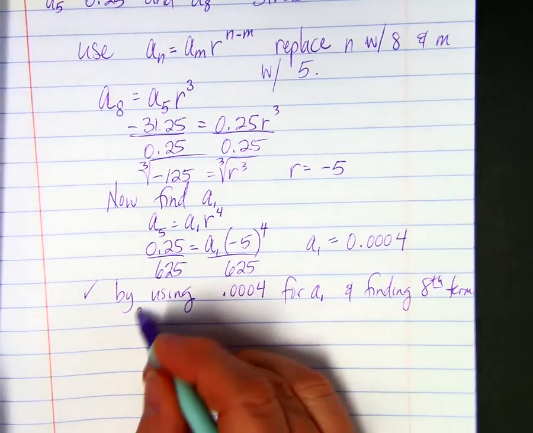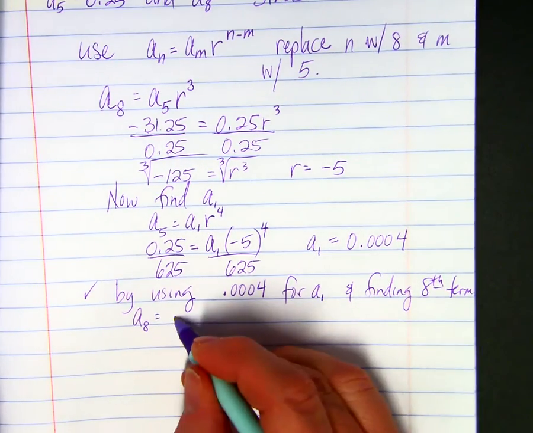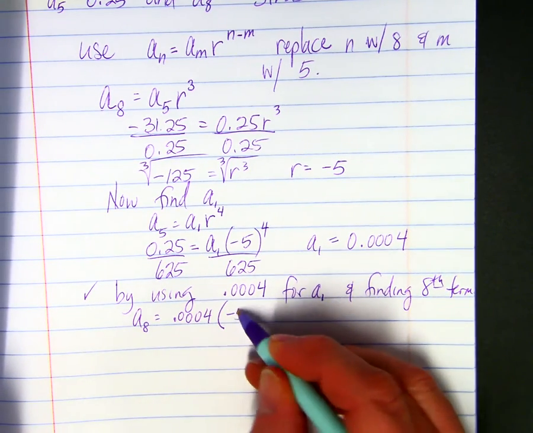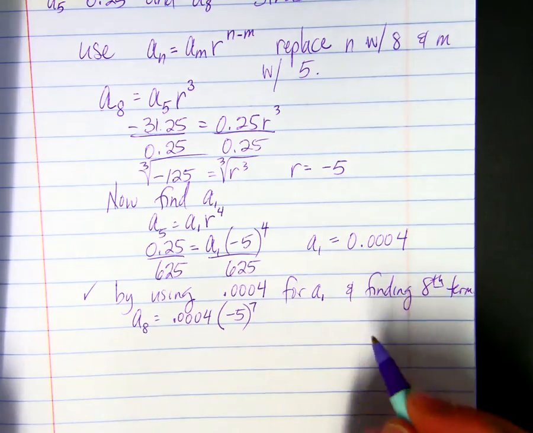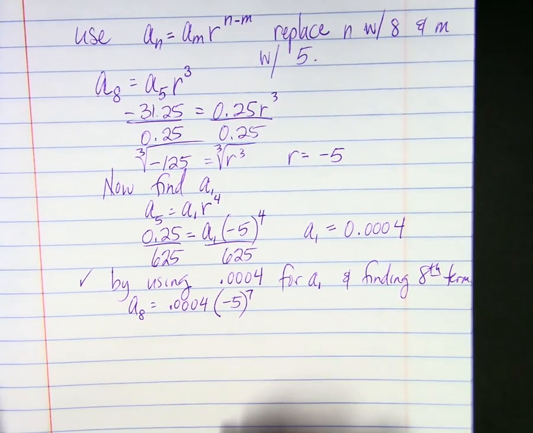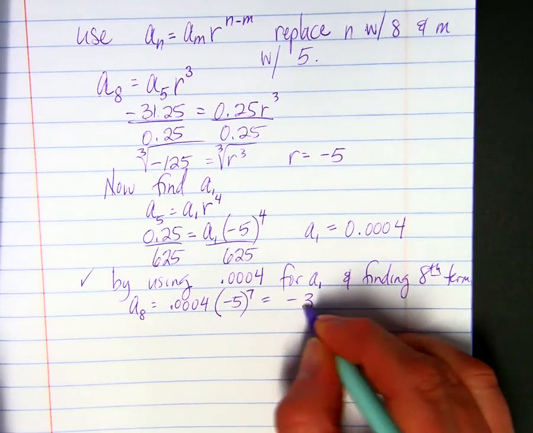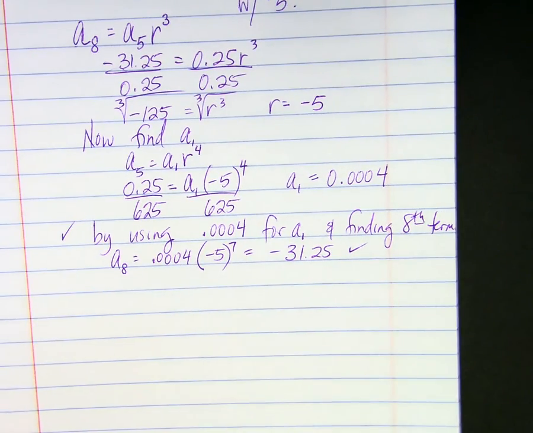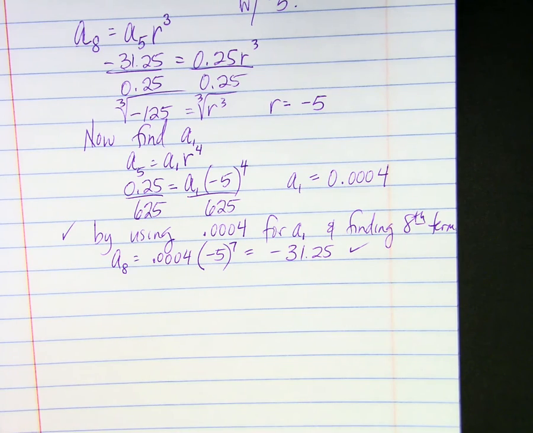So we could use our formula: a sub 8 equals 4 10,000ths times -5 raised to the 7th power. And then you'll see that that's -31.25. So our a sub 1 is correct. So you can always go back and check, which I highly recommend.